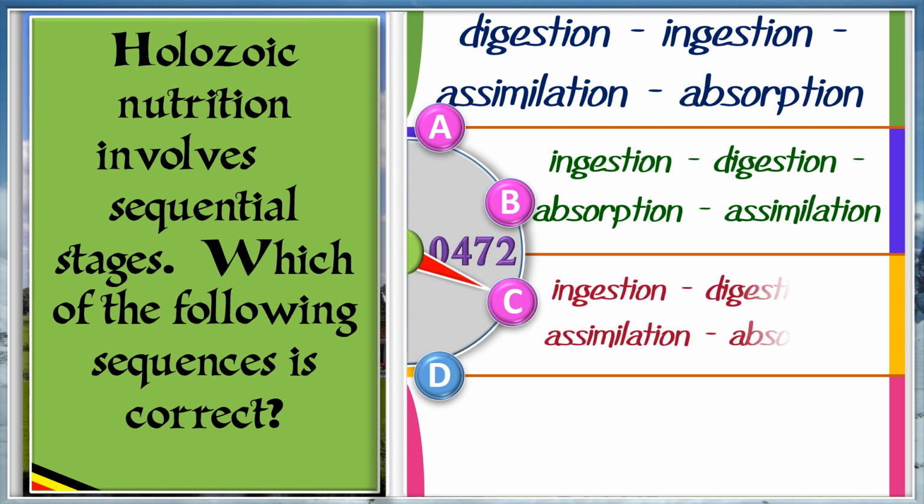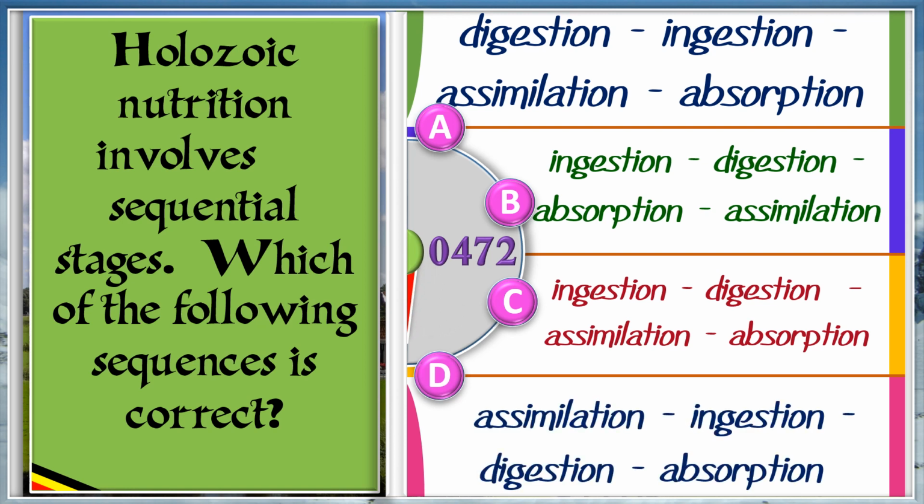C. Ingestion, digestion, assimilation, absorption. D. Assimilation, ingestion, digestion, absorption. And the answer is B. Ingestion, digestion, absorption, assimilation.